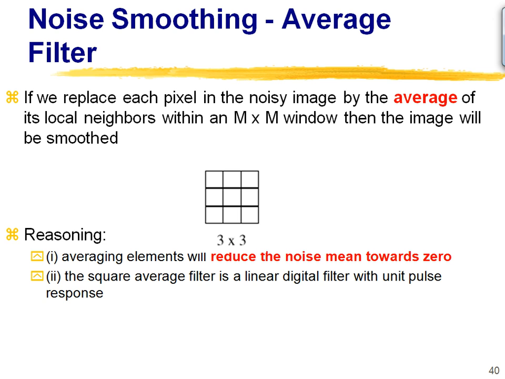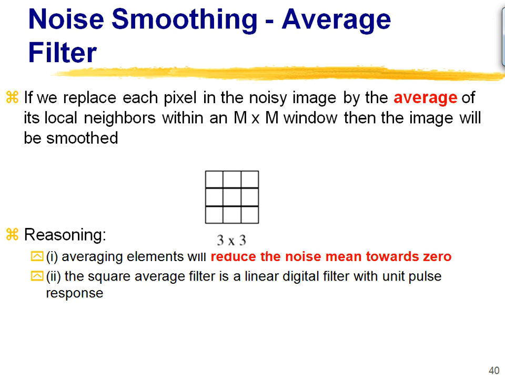Right? So we can come up with an average filter of some size m by m, let's say 3 by 3 as an example, and we can do a windowed operation, and this would give us smoothing, reduction in noise. Of course, smoothing comes with the opposite properties like we have seen, right?